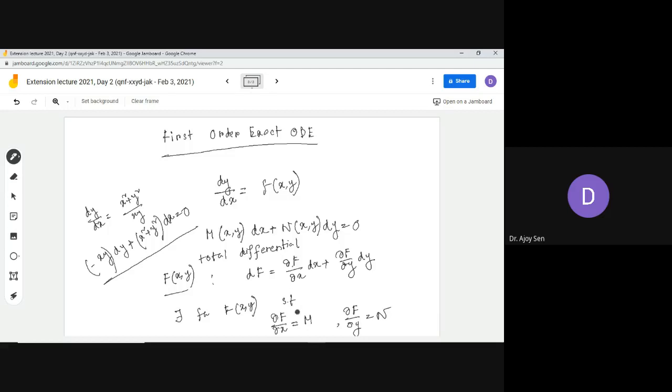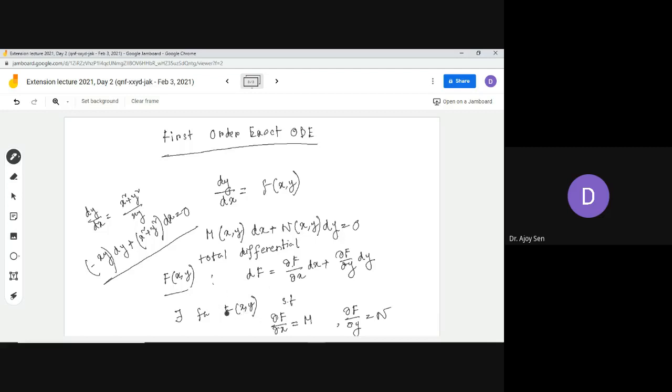So if there exists a function for which del f del x is M, and del f del y is N, we say that this kind of first order differential equation is an exact differential equation. You have to assure that there exists such a function.